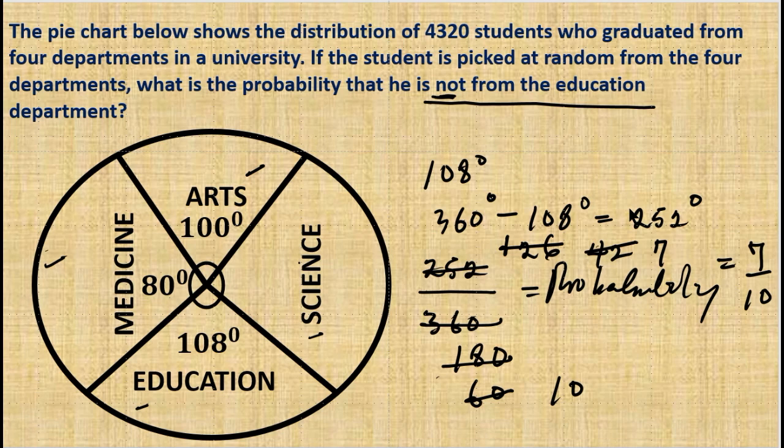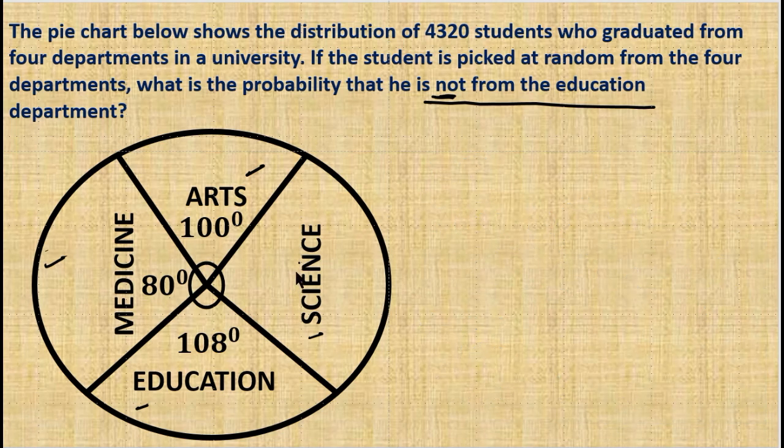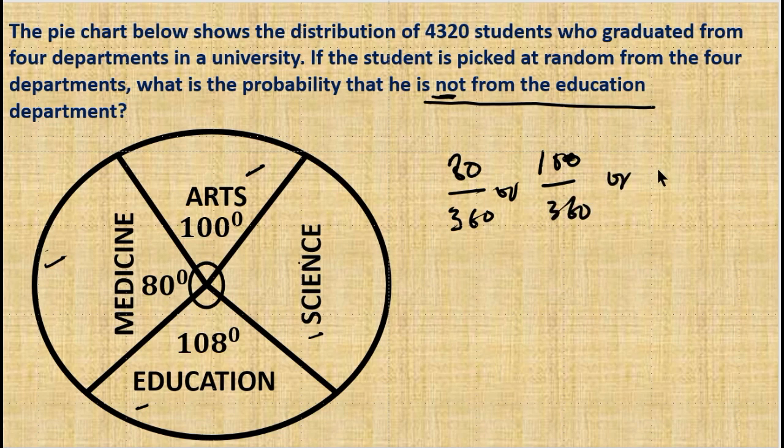But there's a second alternative. Let's look at it. We're looking for the probability of not being in education. Either the student is in medicine, which is 80 over 360, or the student is coming from art, which is 100 over 360, or the student is coming from science.